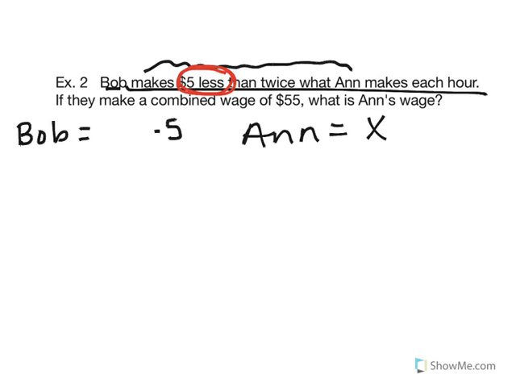I don't know what it is minus 5 yet, but I know whatever we put there, $5 less means we're going to have to subtract a 5. So Bob makes $5 less than twice what Ann makes. Well, we said what Ann makes was x, so twice what Ann makes would be 2x. So notice here we have this first sentence written mathematically.